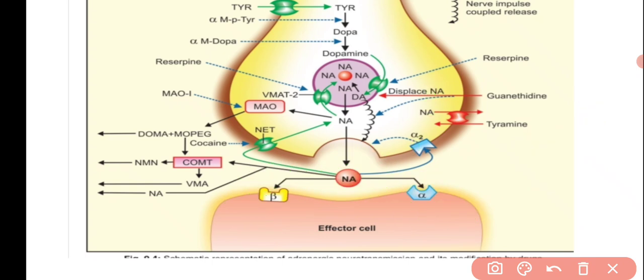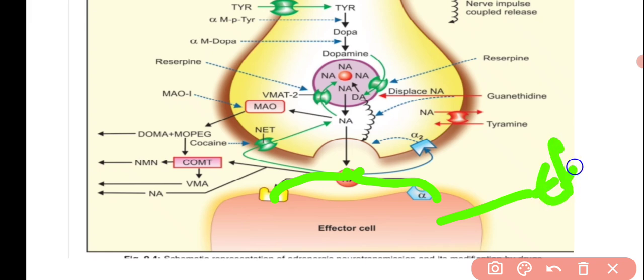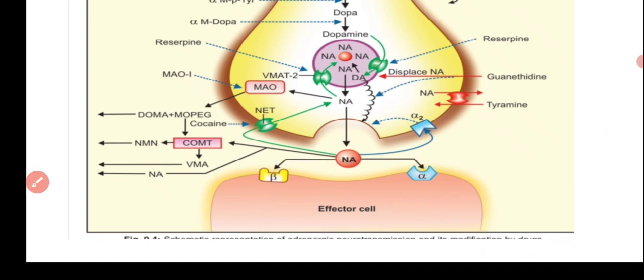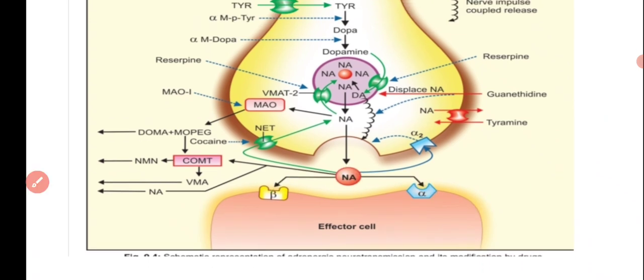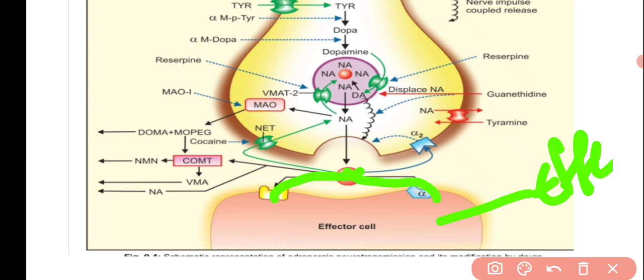Once the effect is produced, the effect has to be terminated. The major mechanism in termination of the effect is that norepinephrine is taken back into the nerve endings with the help of norepinephrine transporters.